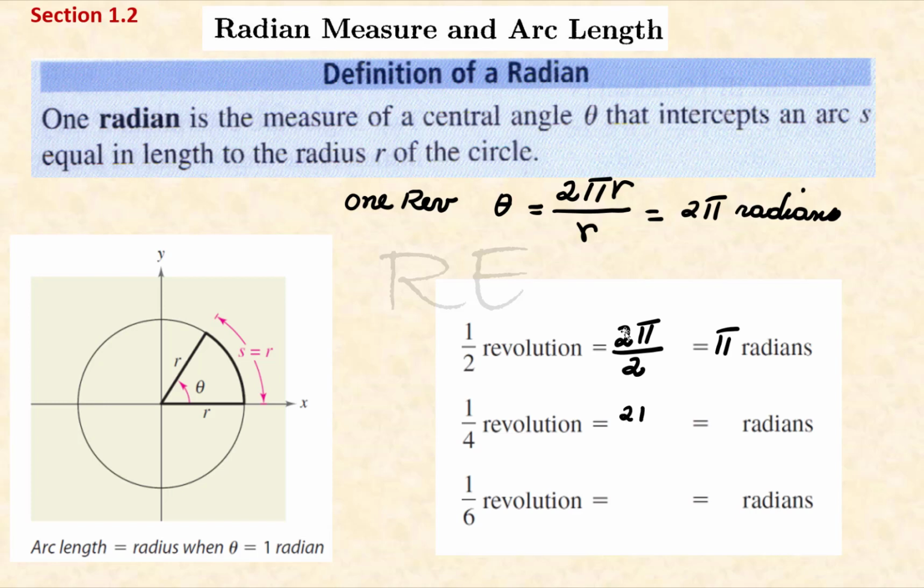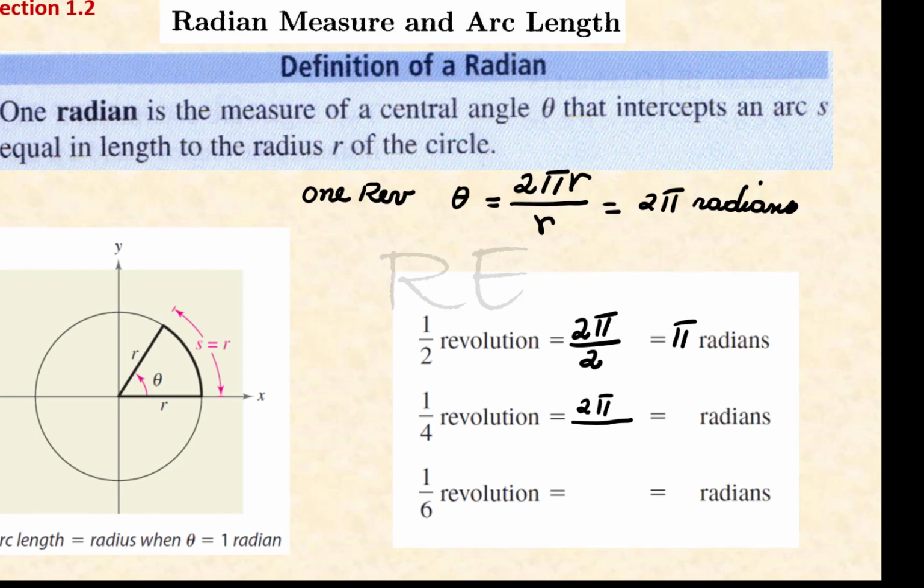A quarter of a revolution is 2 pi radians divided by 4. So a quarter of a revolution will be pi over 2 radians. And 1/6 of a revolution will be 2 pi radians divided by 6, which is pi over 3.